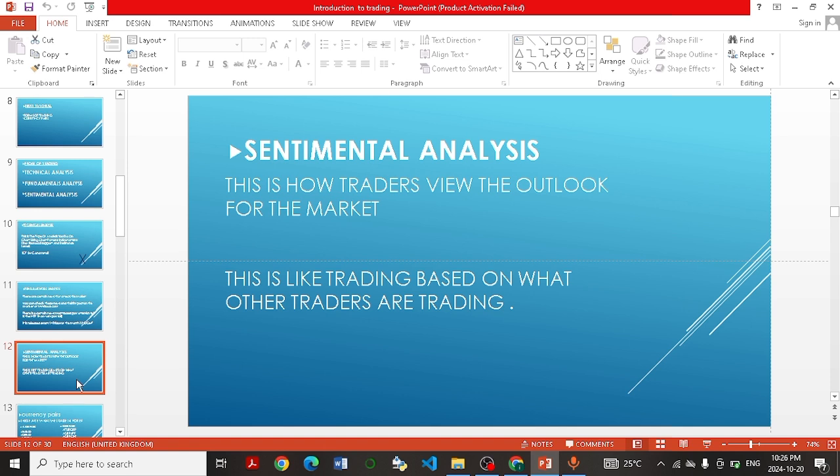So it's like doing what the majority of traders are doing. If the majority of traders are buying, join them and buy. If the majority are selling, join them and sell. So that's basically what sentimental analysis is. We've talked about technicals, we've talked about fundamentals, and we've talked about sentimental.